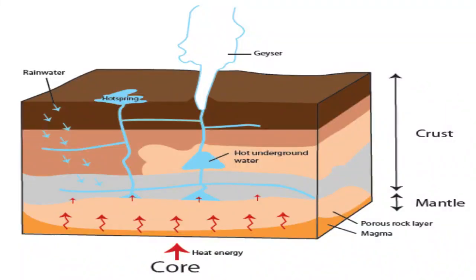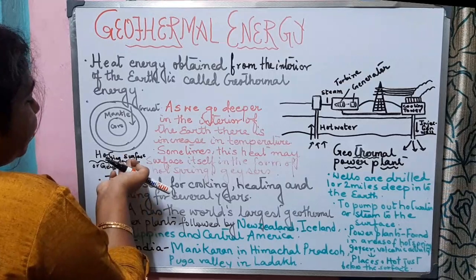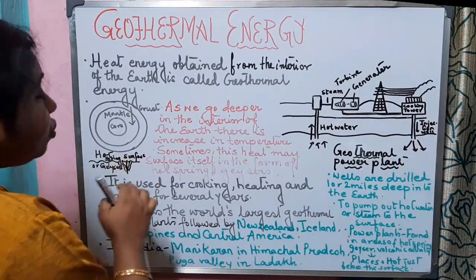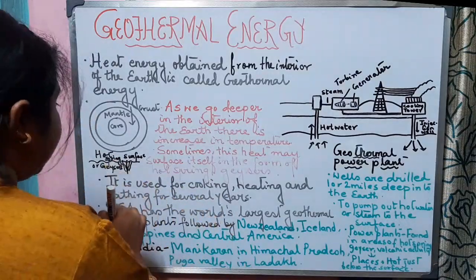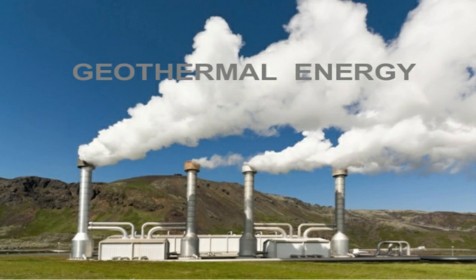These are referred to as geothermal energy. So this heat energy that comes to the surface of the earth from the interior through a natural crack on the crust, in the form of hot springs or geysers, is referred to as geothermal energy.